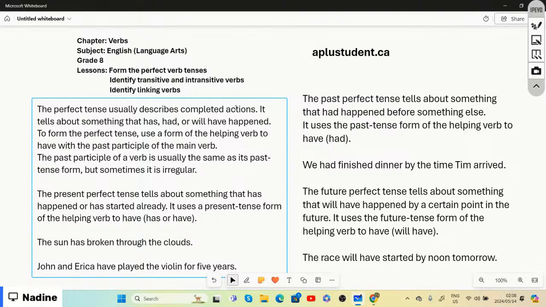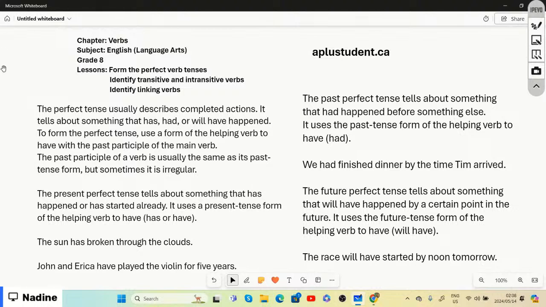All right. So when it comes to forming perfect verb tenses, right, the perfect tense usually describes a complete action. So it describes a complete action.